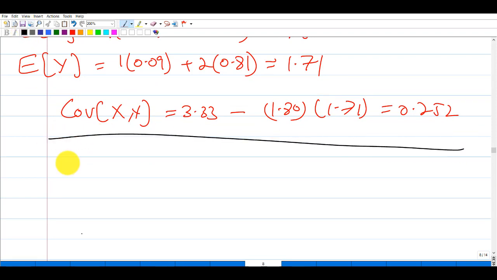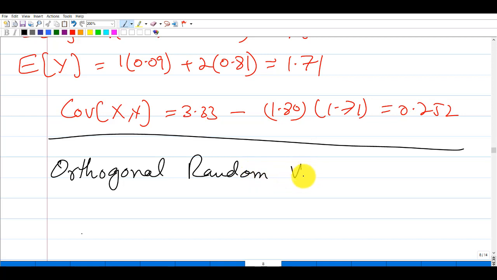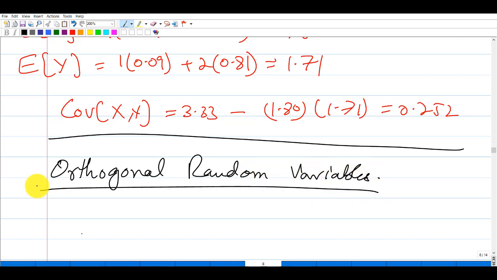Now there are other important definitions that we must be careful about. One is known as orthogonal random variables. We have already seen what orthogonal vectors mean. Orthogonal vectors are at 90 degrees and have nothing in common between them, meaning one vector has no projection on the other vector.